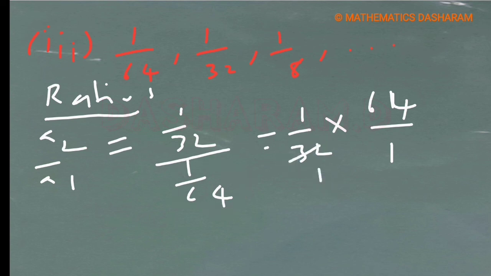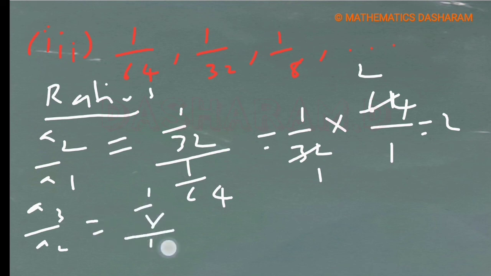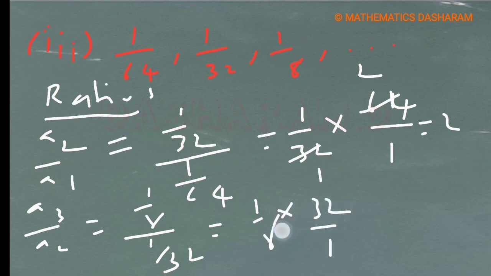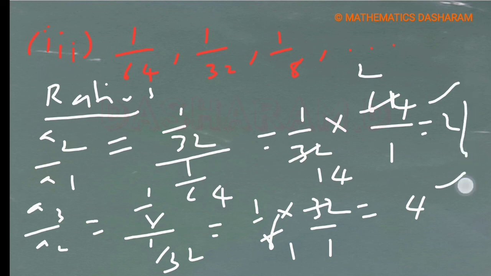Now 32 ones are 32, 32 twos are 64, so it equals 2. Next, A3 divided by A2. A3 value 1 by 8 divided by 1 by 32. Same as previous, 1 by 32 will become 32 by 1. 8 ones are 8, 8 fours are 32, so it equals 4. Here the ratios are different, 2 and 4. So the list of numbers is not in GP.